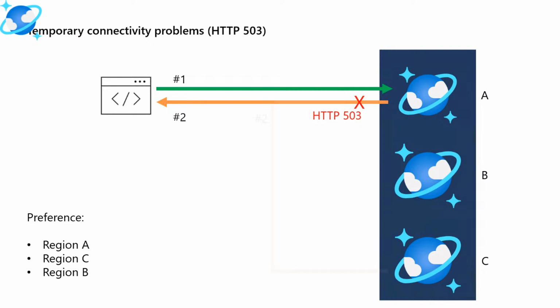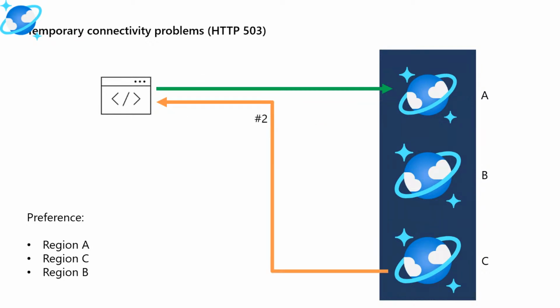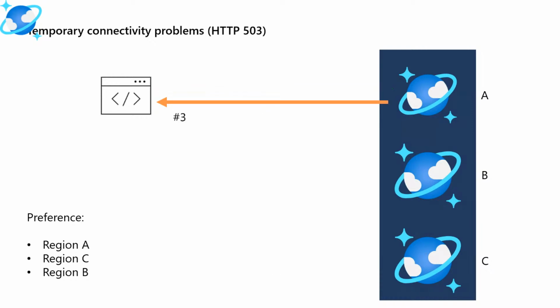What the SDK will do, just for this particular read operation, is retry that read operation in order to provide more availability. It will retry that read in the second preferred region. So if my preference is region A and C, it will go to C and retry the read and hopefully succeed, because hopefully this was just a hiccup in the wire to region A. If this succeeds, the next read will just keep going to A.